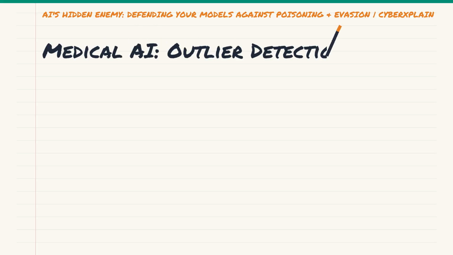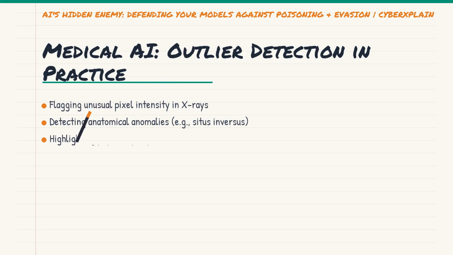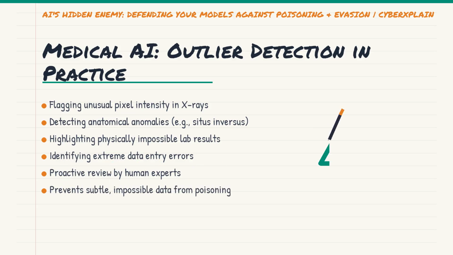Back to our medical AI. Imagine we receive a batch of chest X-rays. Anomaly detection might flag an image with an unusually high pixel intensity range, potentially indicating digital manipulation, or an X-ray where the patient's heart is on the wrong side, a rare but natural anomaly, or perhaps a sign of data corruption if it's consistently mislabeled.